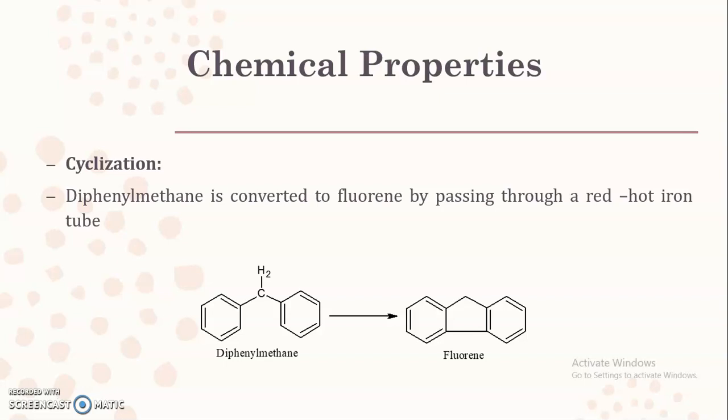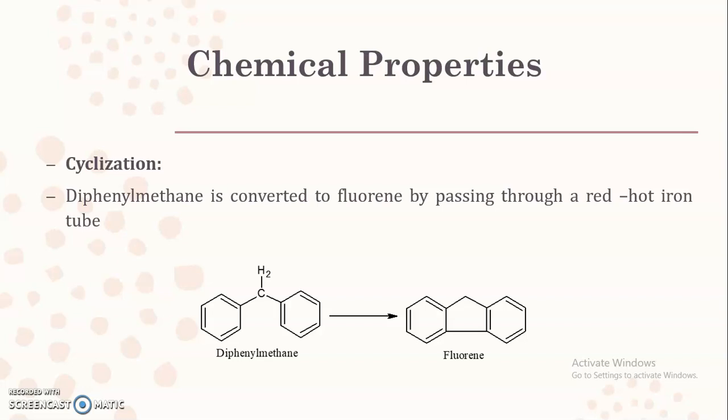Sulfonation reaction is not given that easily by diphenylmethane. We have to use very vigorous conditions. Also, as the methylene group is acidic, there is very low chance that diphenylmethane undergoes sulfonation.